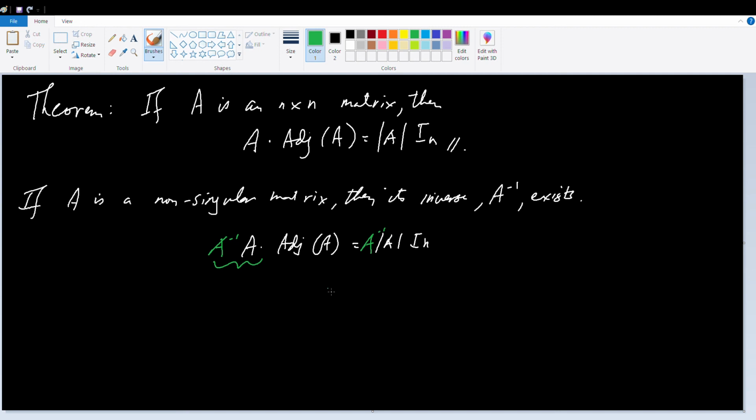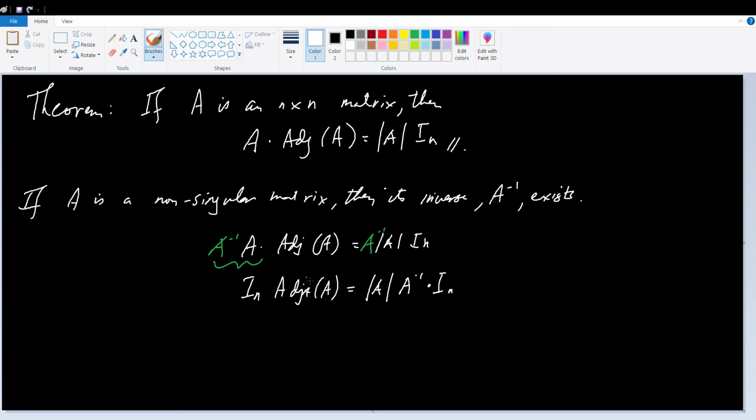The product of A and its inverse is the identity matrix, no? Multiplied to the adjunct of A, equal to the determinant of A, which is a scalar. So you can write this as the determinant of A times the identity matrix.